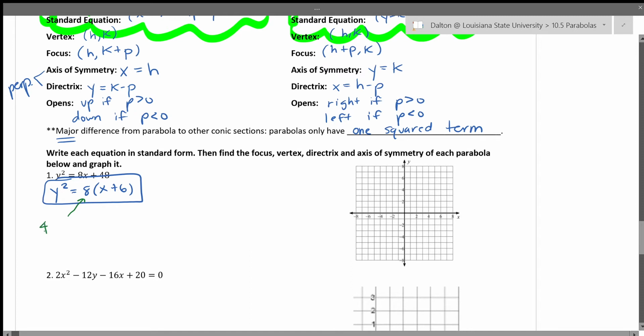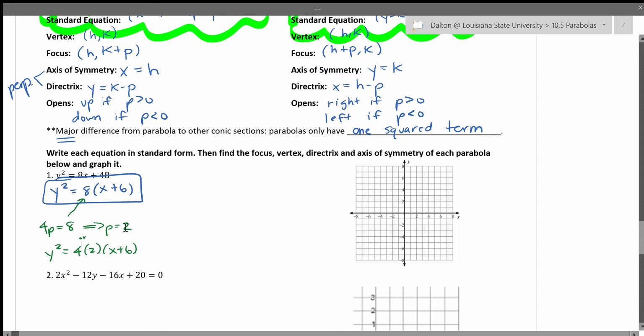So if you said that 4p is equal to 8, then that implies that p must equal 2. So if you wanted, I would also accept y squared equals 4 times 2 times x plus 6. I would accept that as a final answer as well. Now, you don't have to do that at all. I think what you've done here is just fine.